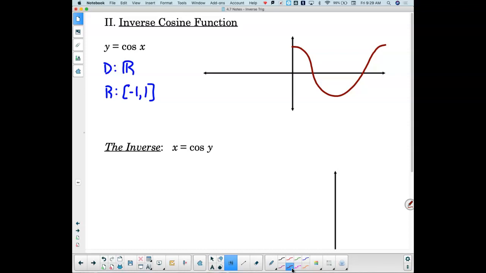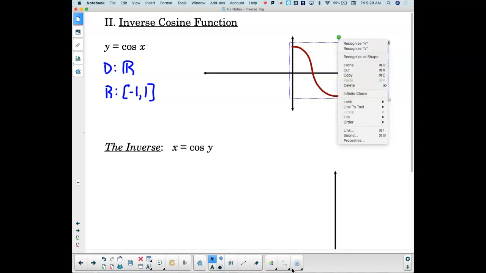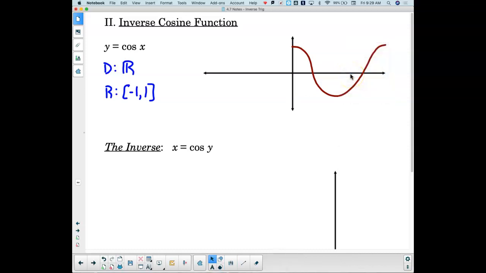Okay. Now, I'm going to do some fanciness here. If I go the other way, it looks like that. Right? Yeah. So we can fill in our horizontal values over here. That would be -2 pi. Over here, that would be -3 pi over 2.